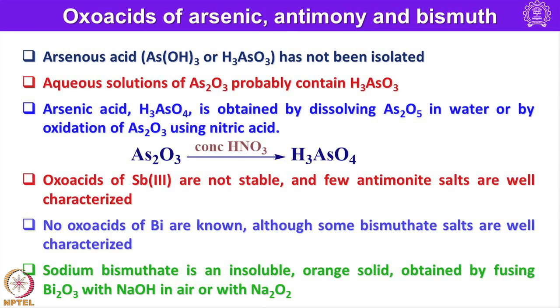Okay. So, now let us look into oxoacids of arsenic, antimony and bismuth. Arsenious acid, that is As(OH)3 or H3AsO3, has not been isolated so far.